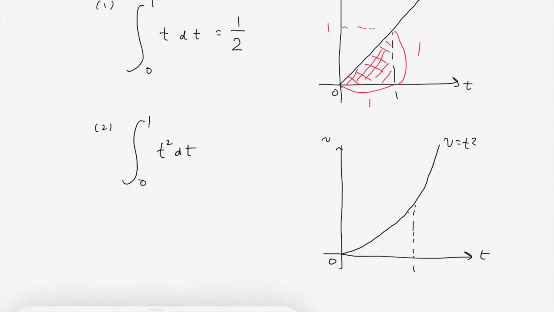Also in this case, what we'd like to find is the area under this curve. But in this case, the shape of the area is not a triangle, so it looks quite difficult to find this area. But we consider that this area can be approximated by a number of rectangles.